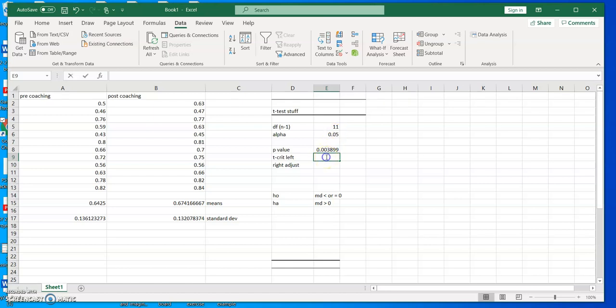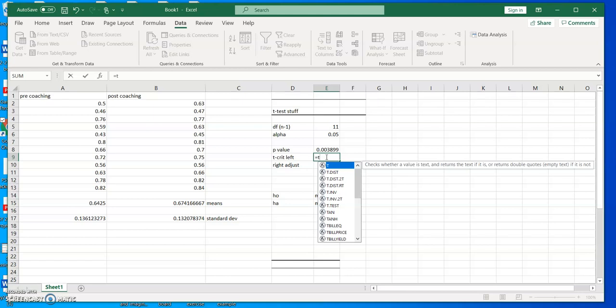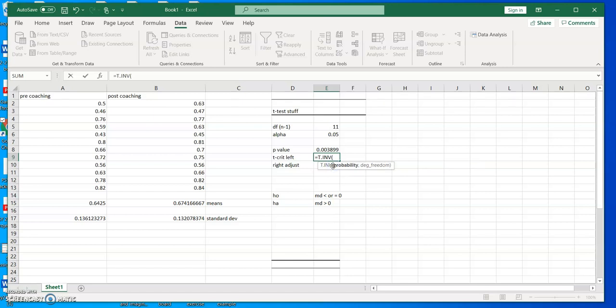We're going to get a critical value here as well. So again, we're going to hit equals. We're going to use the t.inv function. Now this is going to return a left-tailed inverse of the t-distribution. We want the right-tailed, but I'll take the left here and I'll explain why in a minute. So it's going to ask for our probability value, our p-value.